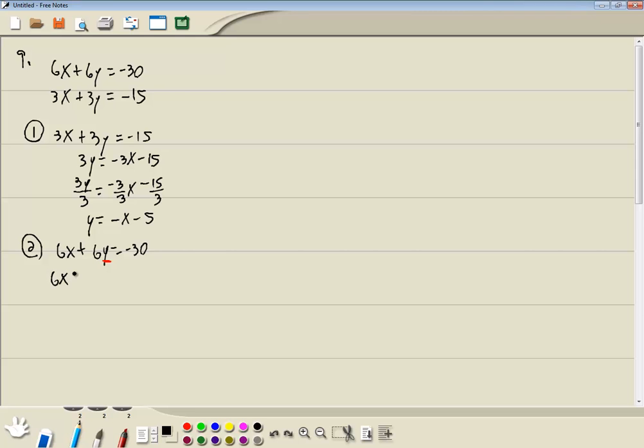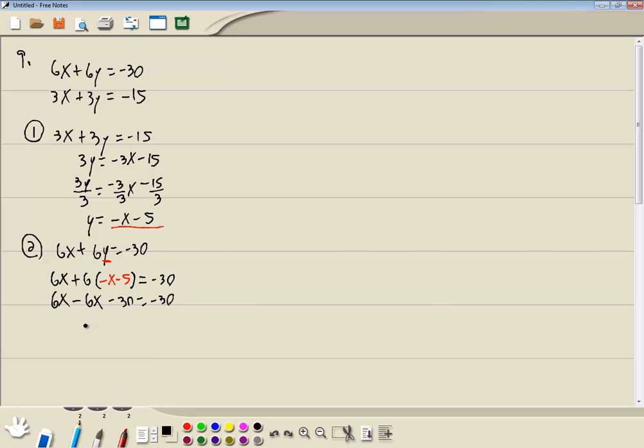So we got 6x plus 6 times, and we just said the y up here is negative x minus 5, so we're going to replace the y here with negative x minus 5, and then equals negative 30. And then we want to solve. Well, 6 times negative x is negative 6x. 6 times negative 5 is negative 30.